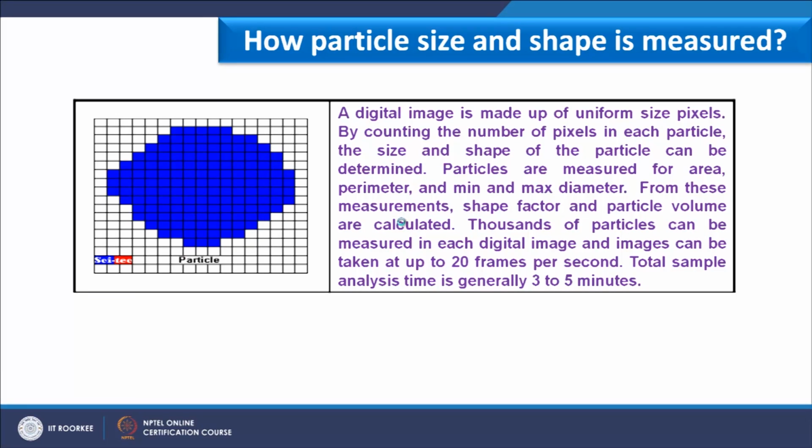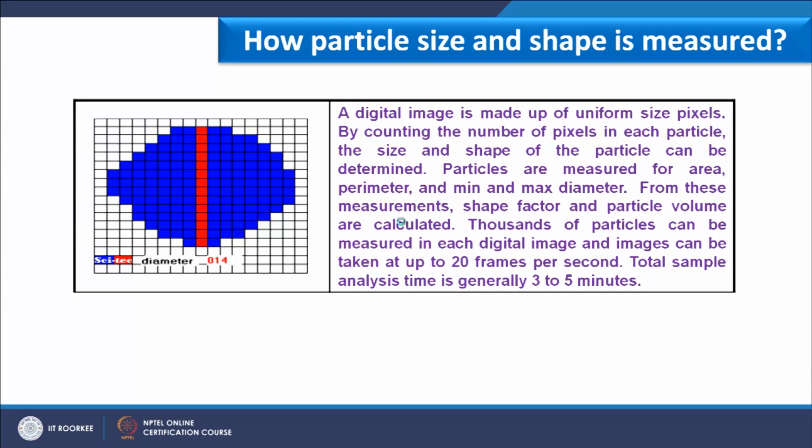By counting the number of pixels in each particle, the size and shape of the particle can be determined. If I consider the diameter on this axis, you can simply count: 1, 2, 3, 4, 5, and similarly up to 15. So, if you consider the largest diameter, it will have a value equal to 15.